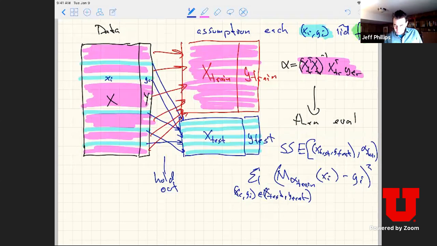Okay, and so this gives me a value. This is equal to the sum of squared errors.